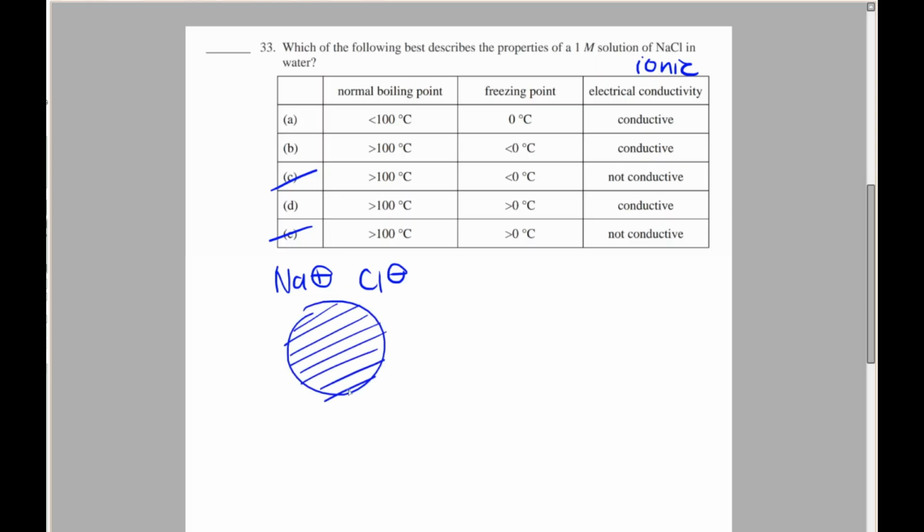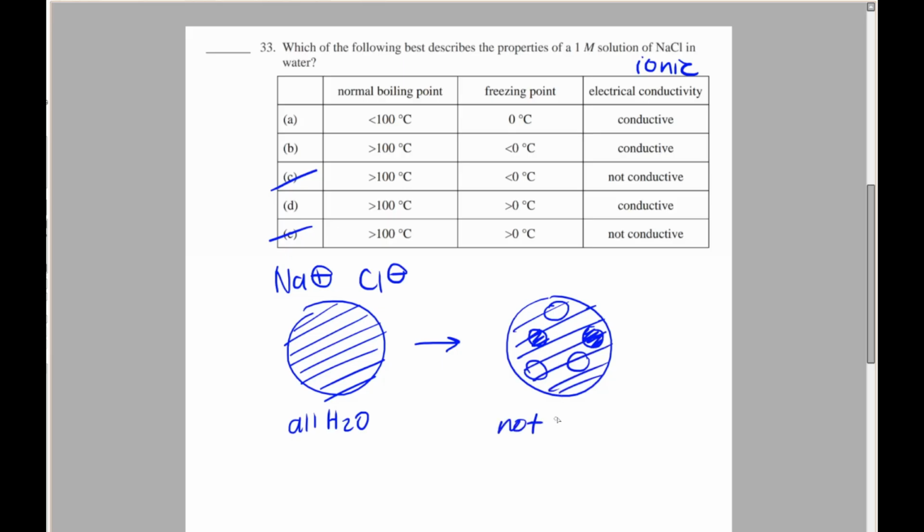If you take a cross section of a flask with water in it, before you put the NaCl in, it's all water, so the surface of the water is all water. But once you have these dissolved ions in the mix, you have these ions as well as the water, so it's not 100% water on the surface.